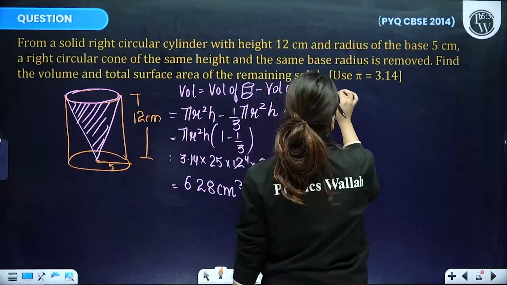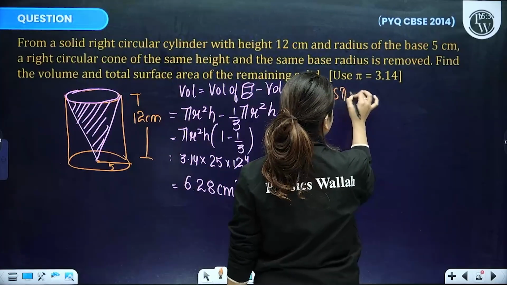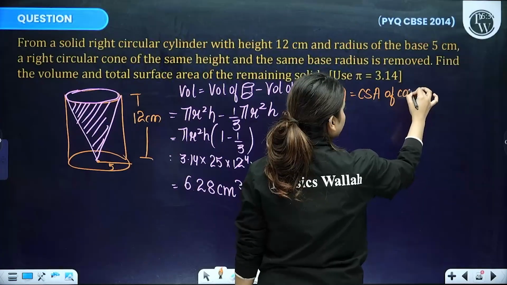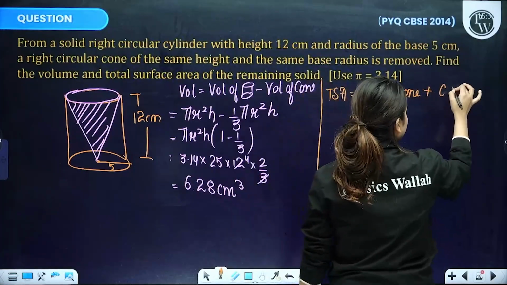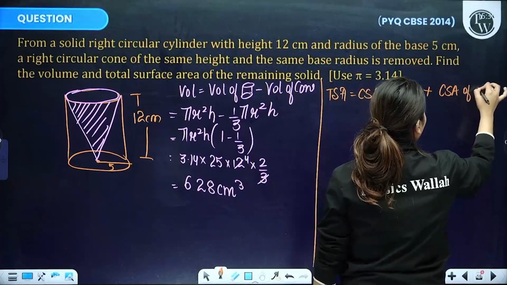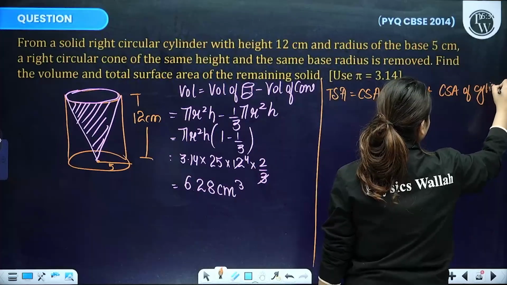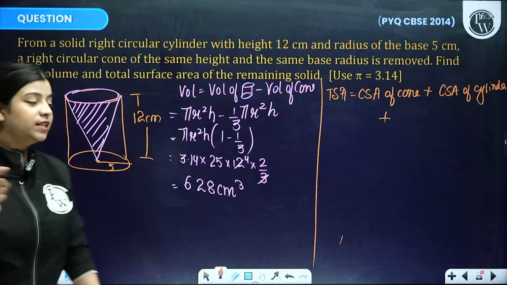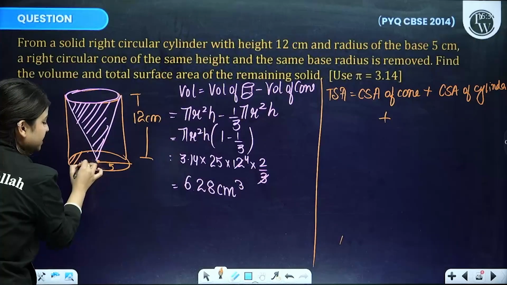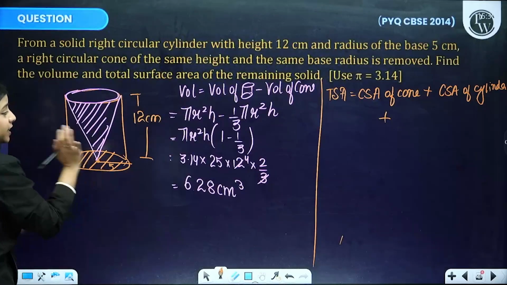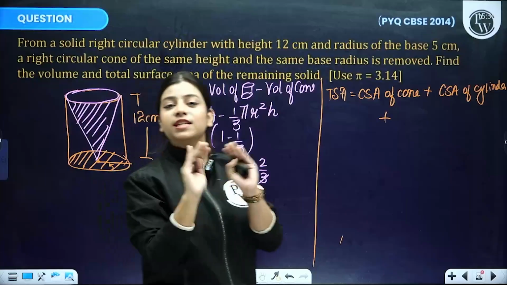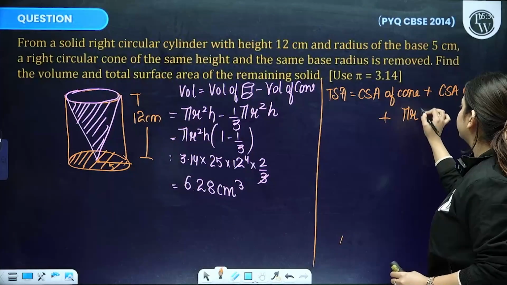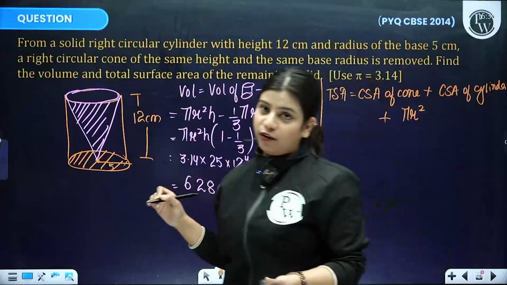So the total surface area will be equivalent to curved surface area of cone plus curved surface area of cylinder, right? This is one thing. But we have to add one more thing, people. Now what is that? Because this base is as it is, and in curved surface area of the cylinder, we haven't included this. So we have to add the area of circle, that is the base of the cylinder.